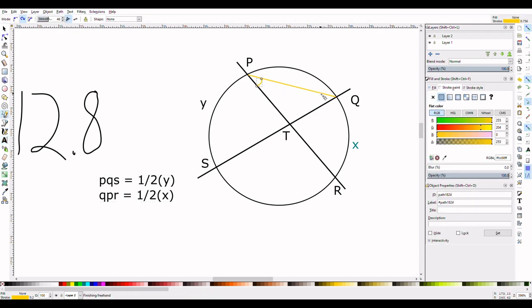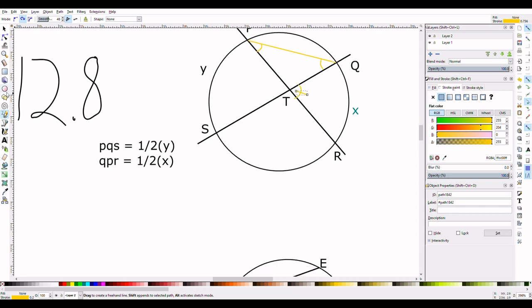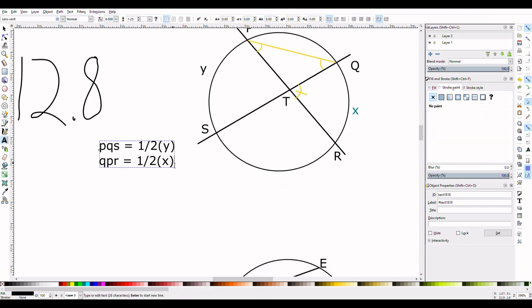So add this and this, I should get this exterior angle. So, back to the writing. X over 2 plus y over 2 equals QTR. And x over 2 is the same thing as saying 1/2 times x. As you should know, these are equivalently the same.